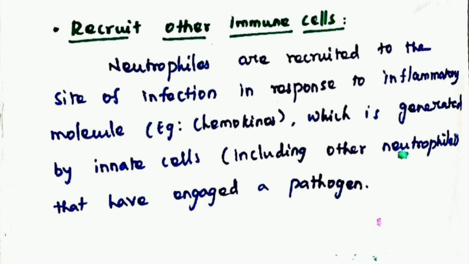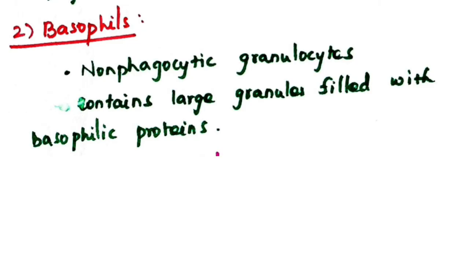So once a neutrophil or some other cell engages a pathogen, it will release these signal molecules, that is, chemokines. Then neutrophils are recruited to the site of infection in response to the inflammatory molecule chemokines.